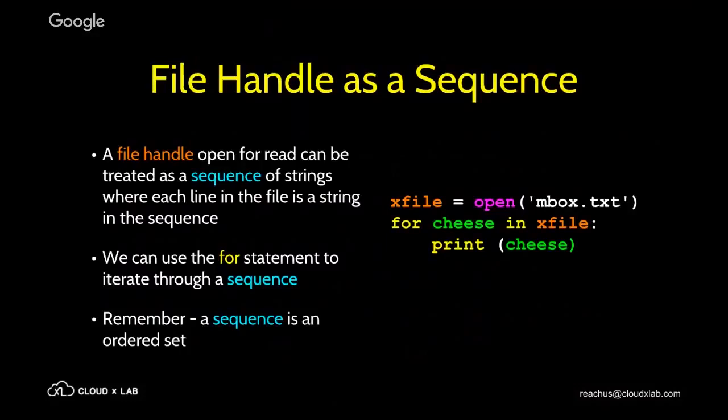So you can actually do a very cool thing with the file. You can say file handle equals open file, and then you can iterate over this file handle. This sequence is an ordered set, meaning it's always from top to bottom.